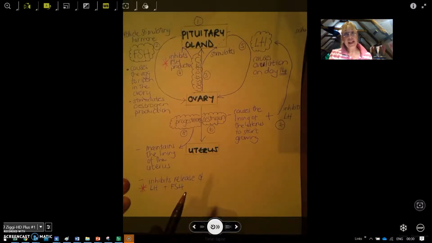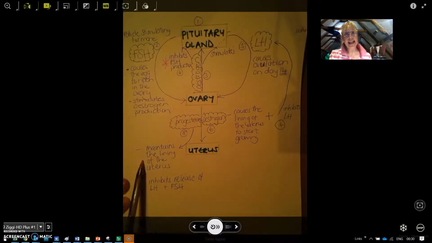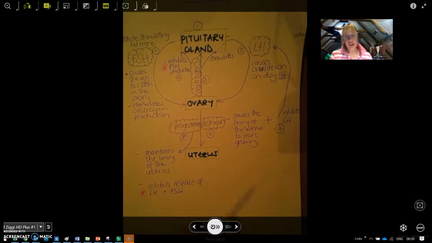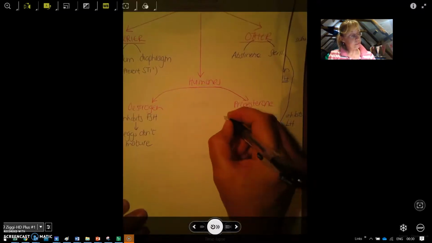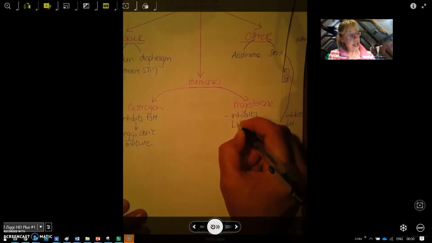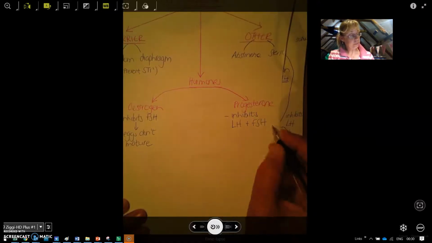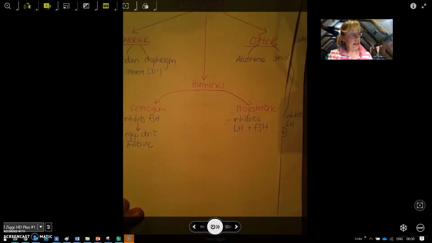And at the same time, one of the advantages of taking a progesterone pill is that the lining of the uterus is maintained, so you don't have a period very often. So going over here, we're going to say it inhibits LH and FSH. And then you get a combined pill.